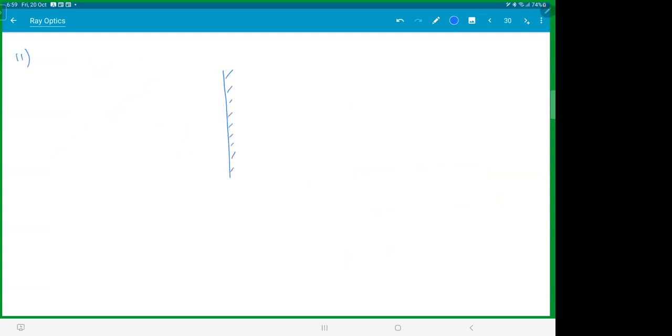We have a mirror which is going with velocity v at an angle alpha.